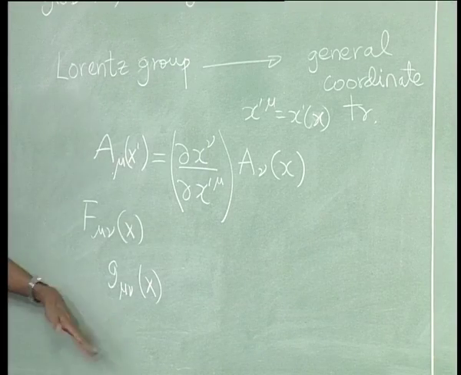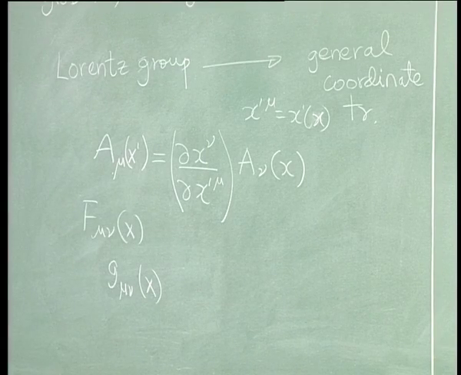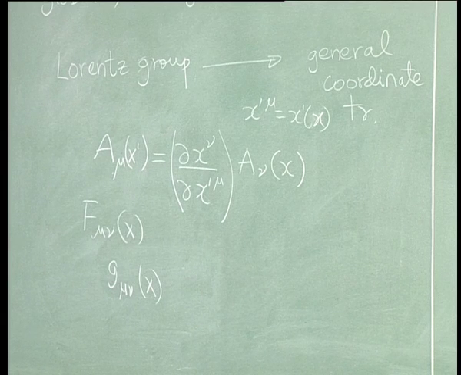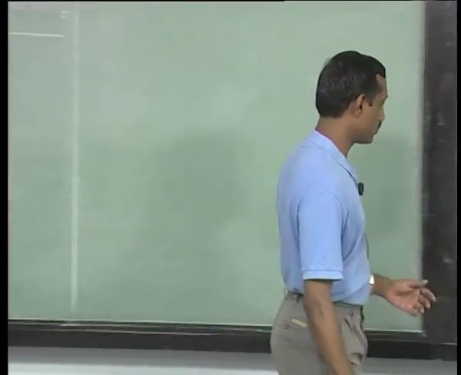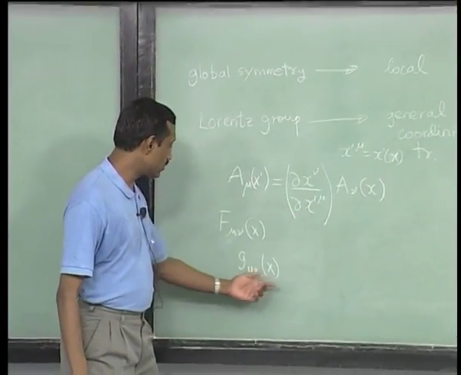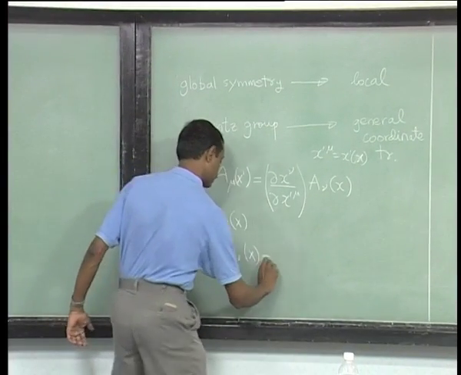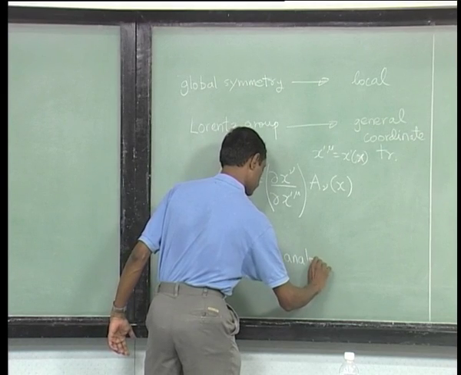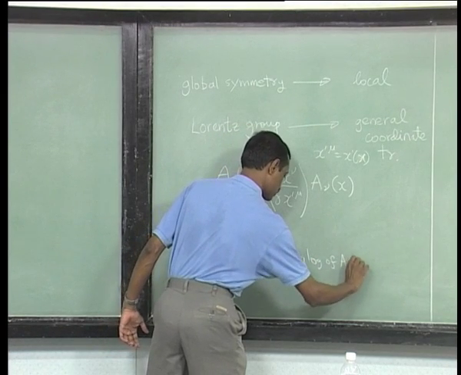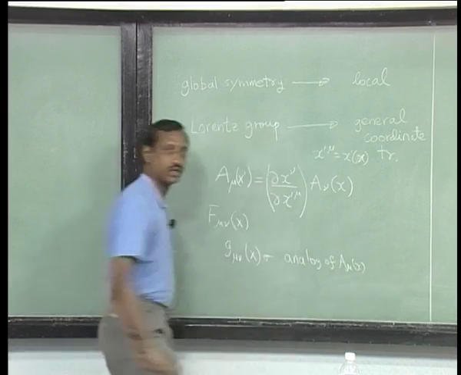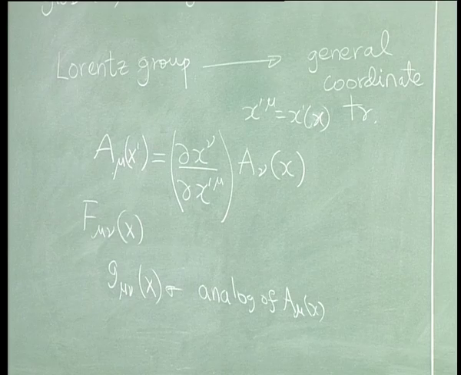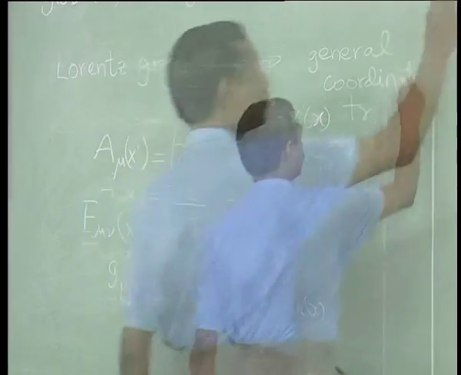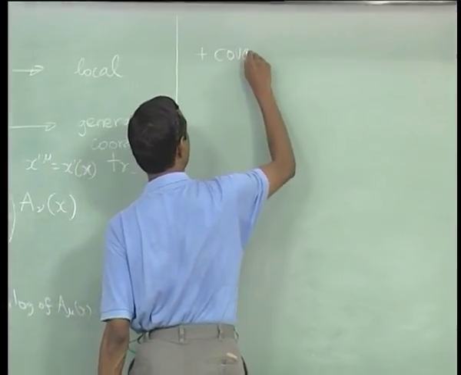And so you can come up with rules which say that there is this covariant derivative which makes things transform nicely. So this is the analog of A mu, which we introduced for internal symmetries, and so you will have some notion of a covariant derivative.